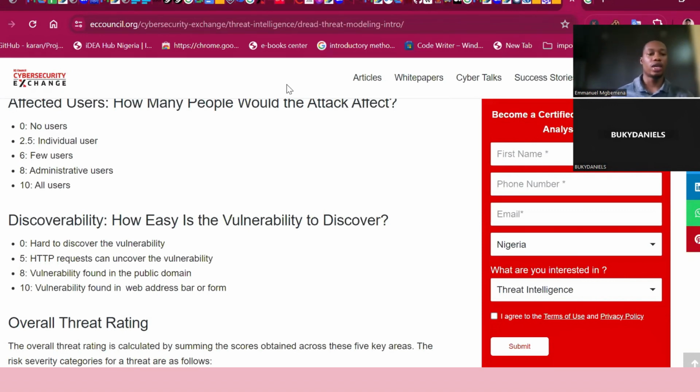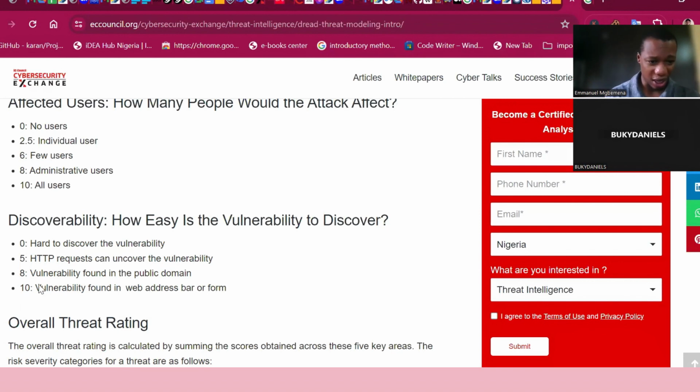All right. So it seems like this particular model is not so good, because it's really confusing. I don't think they really use this threat model. There are other better threat models to use to assign a score to any vulnerability.